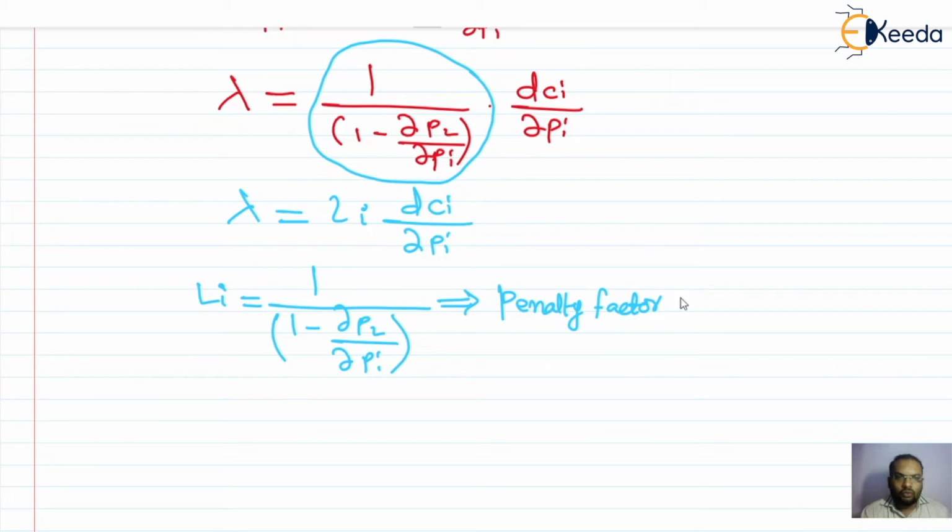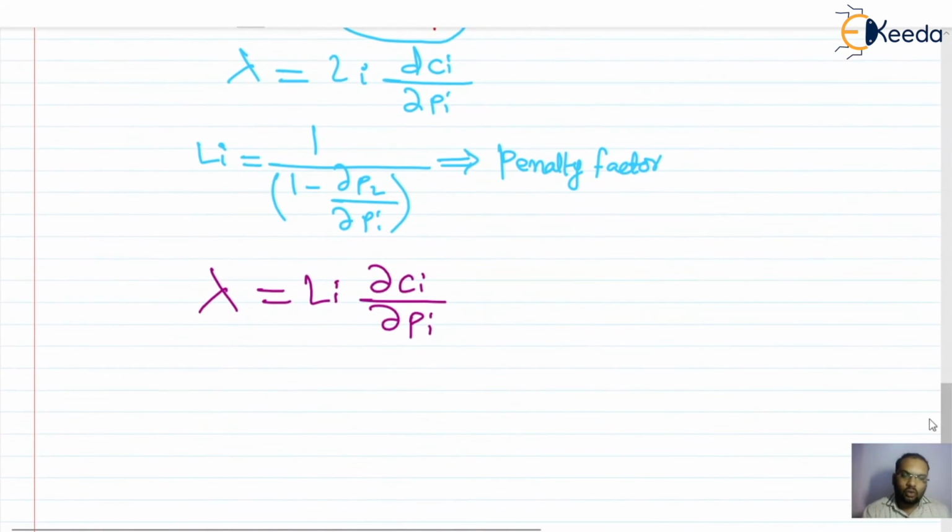Let me rewrite this term once again. This lambda is equal to Li into differentiation of the cost with respect to power output. Earlier, when we had not included the transmission losses, we got lambda equal to simply the differentiation of the cost with respect to power output. Now we are getting one additional term called penalty factor here.